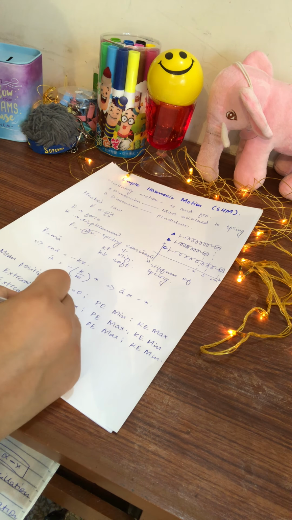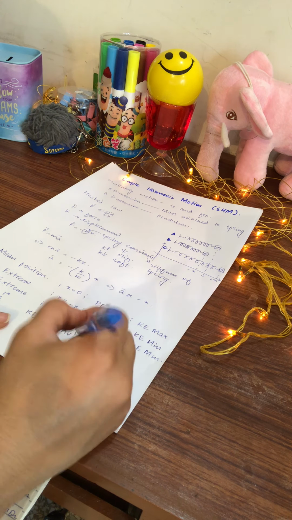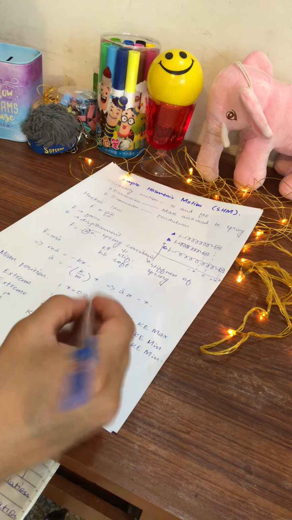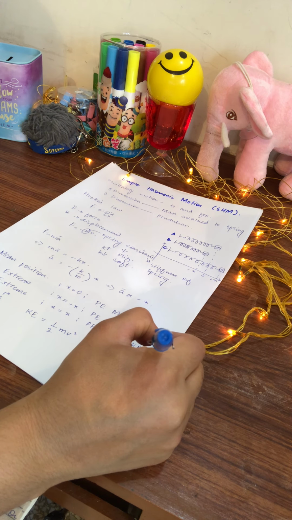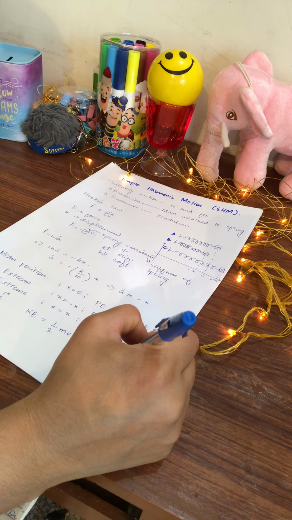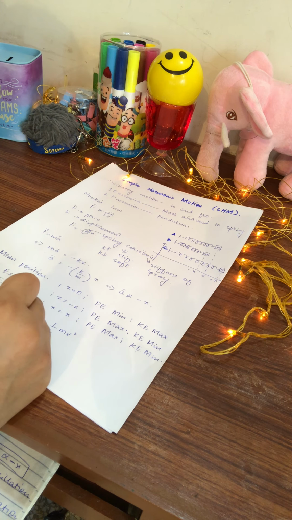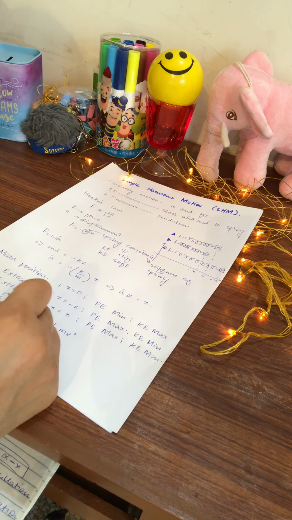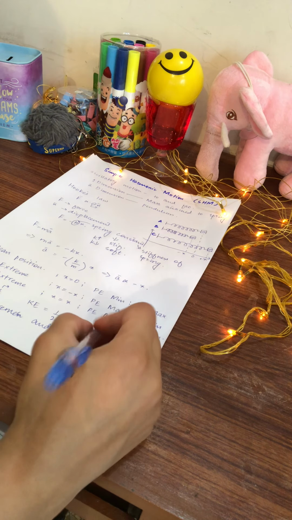And when we talk about kinetic energy, it is half mv square. As we can see that kinetic energy is minimum at extremes, we can say that v is minimum at extremes and maximum at the mean.